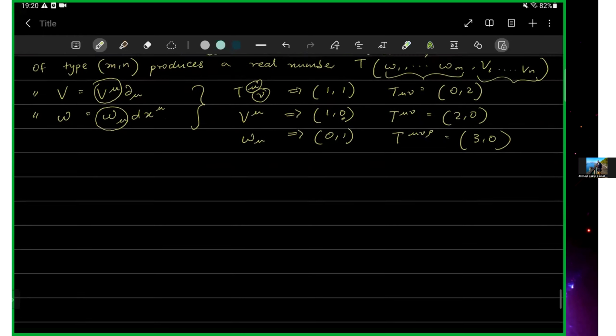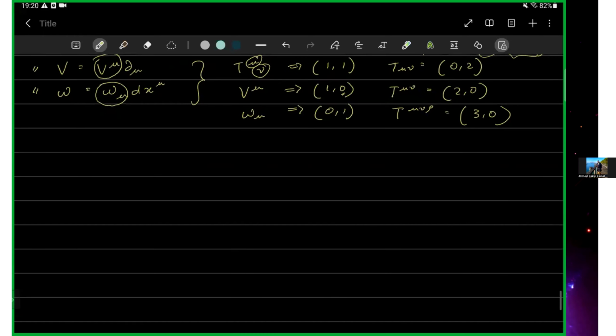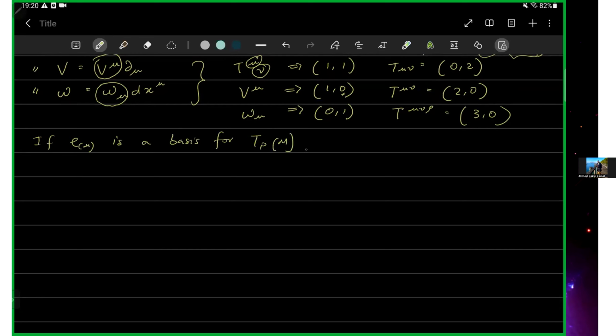Now, generalizing this further, if I have, let's say, E mu, right? Remember that this is a basis for the tangent space of the manifold. And of course, its dual basis was the indices upstairs, right?